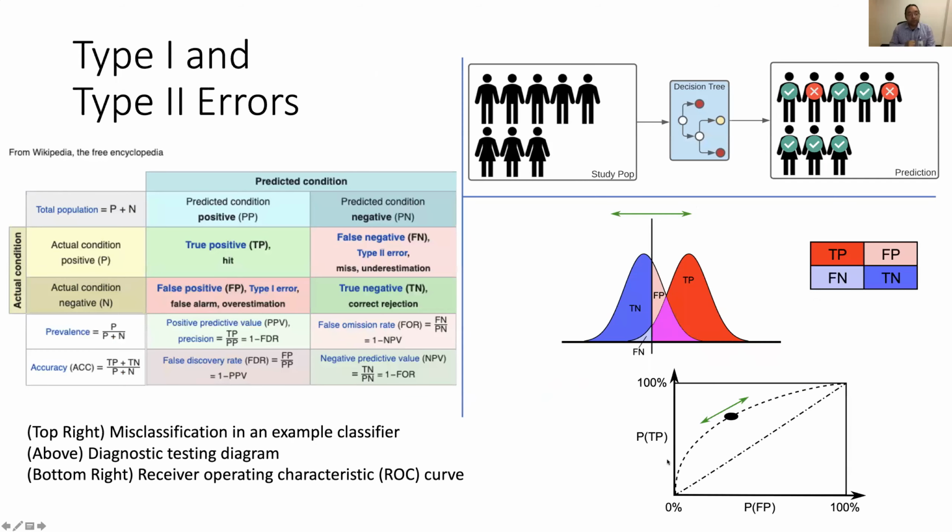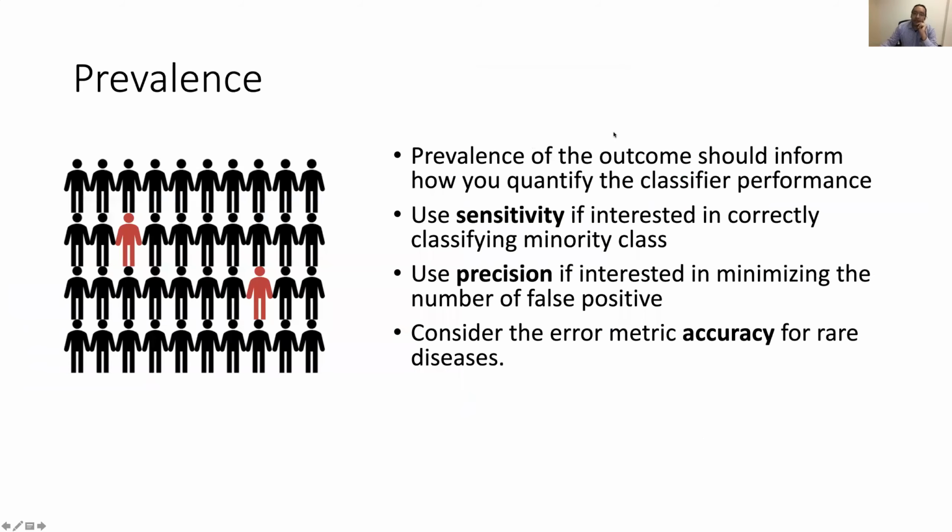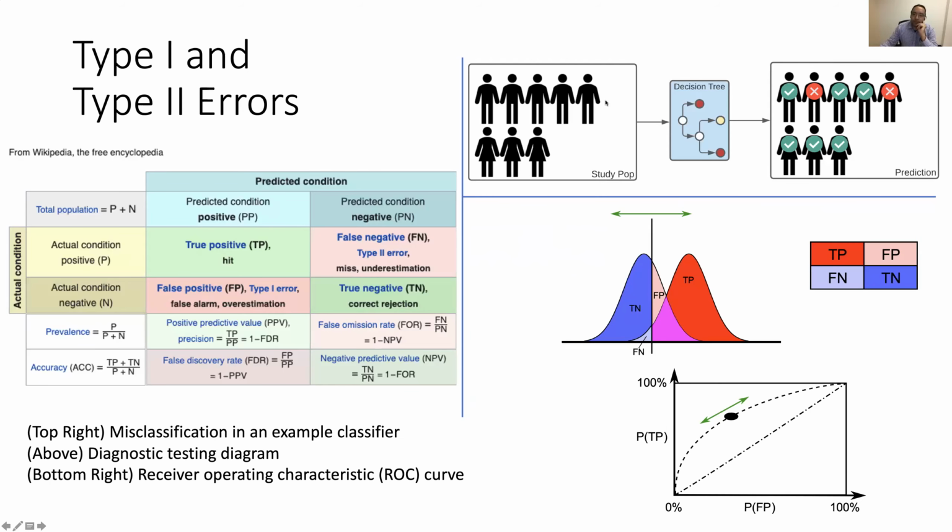Okay, so let's talk about type 1 and type 2 errors. We have to start with statistics. What I have shown here in the upper right is a cartoon of a classifier. It doesn't have to be a decision tree like I have here, but the point is you have your inputs.